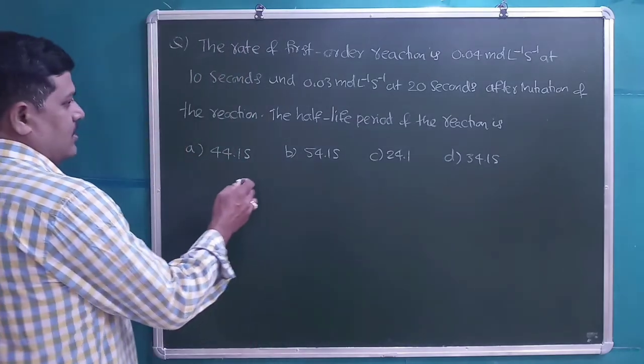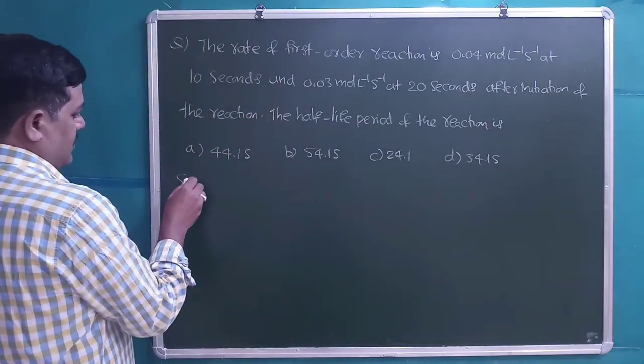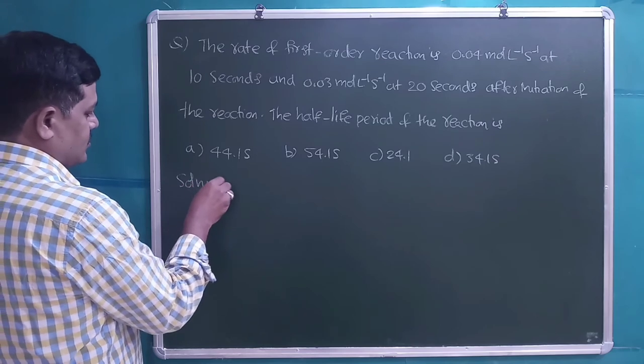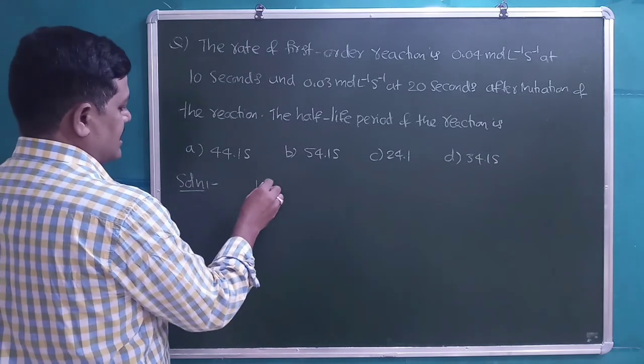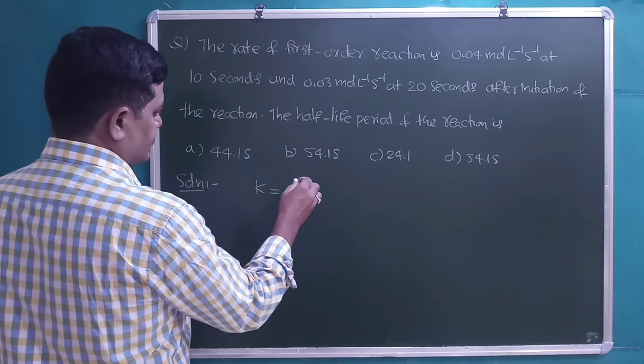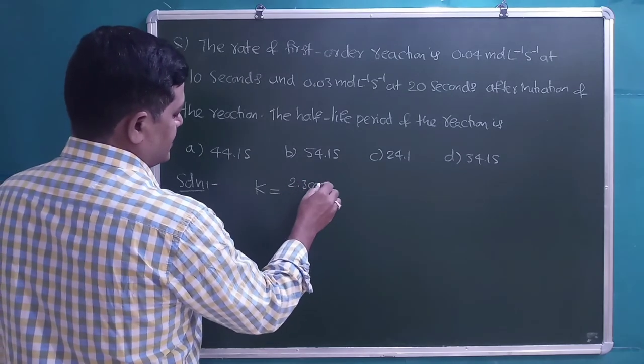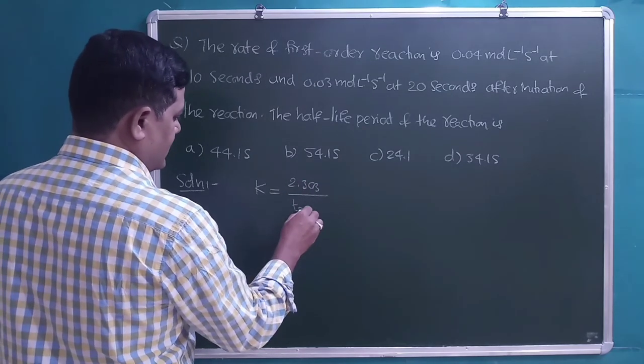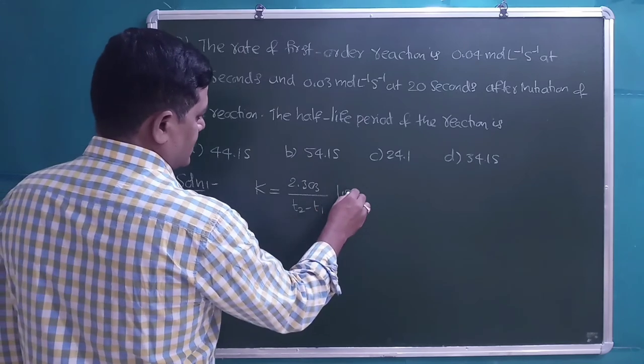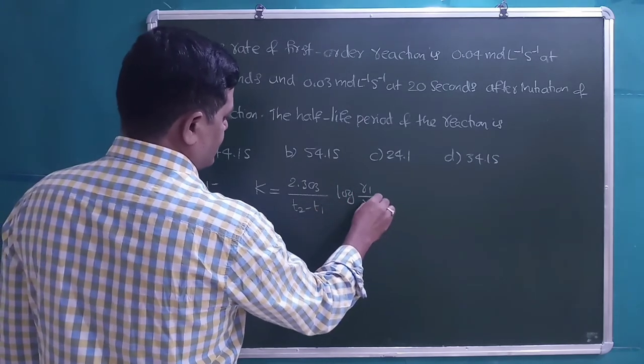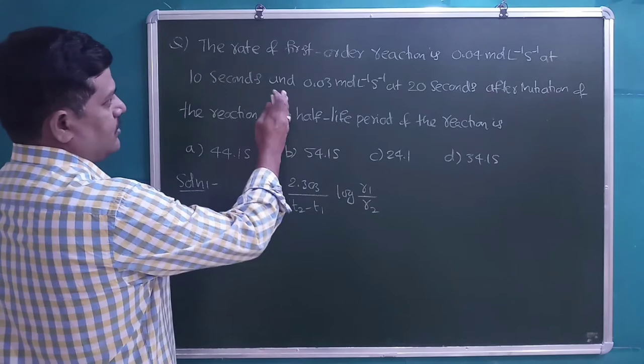Students, the formula we got earlier, we are going to use first to calculate the rate constant K. K is equal to 2.303 divided by t2 minus t1 log R1 by R2. Rates are given at two different times.